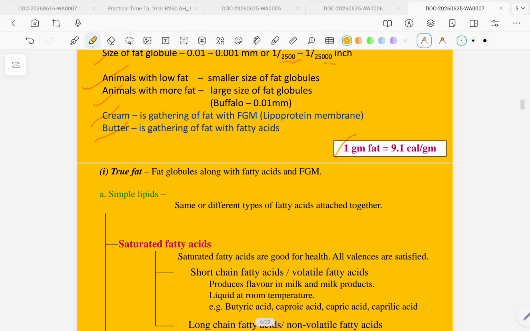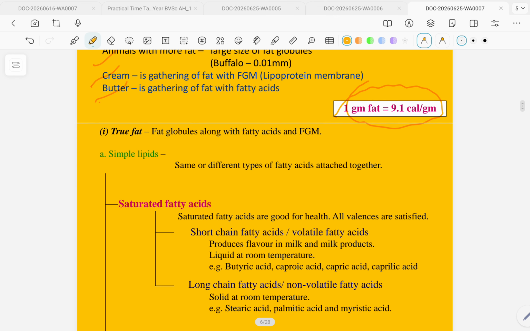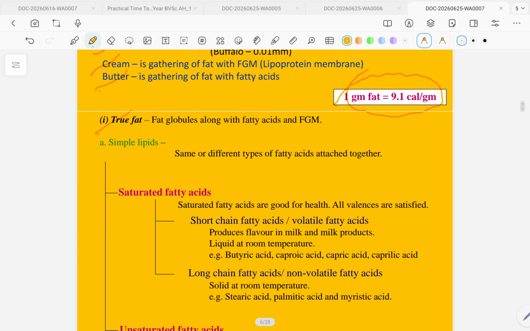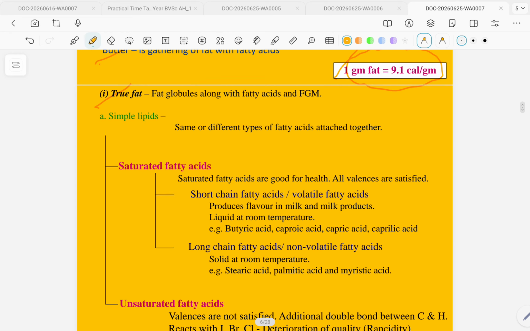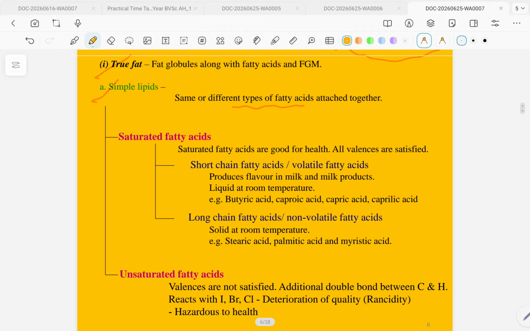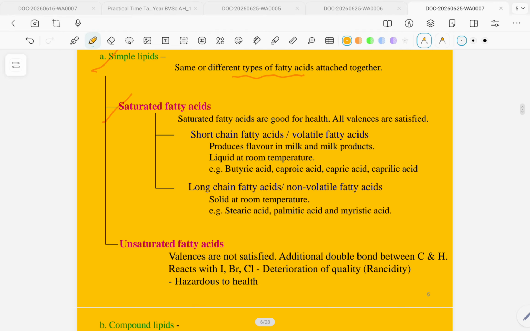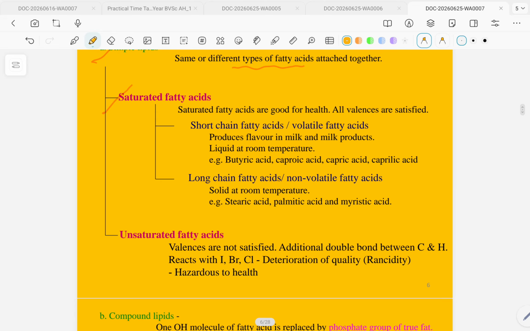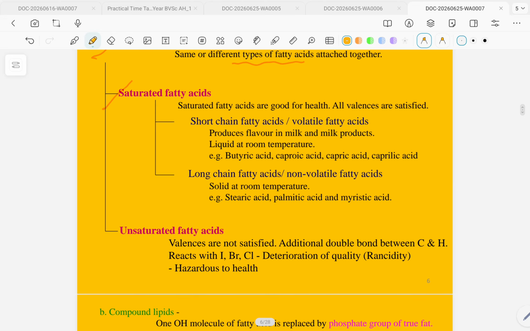1 gram of fat produces 9.1 kilocalories of energy. True fat is the fat globule along with fatty acid and FGM, a simple lipid, where different types of fatty acid are attached together. Saturated fatty acids are good for health; all valences are satisfied.